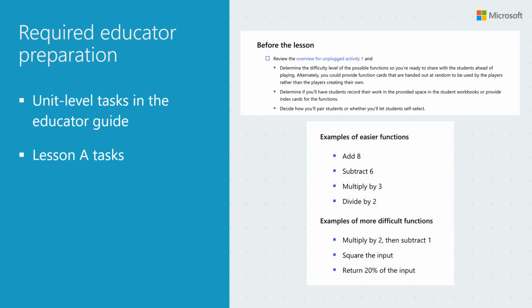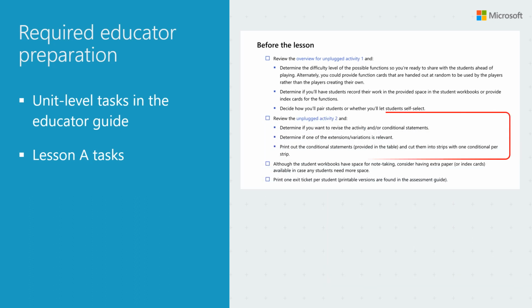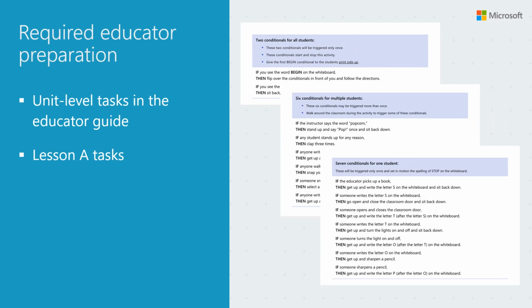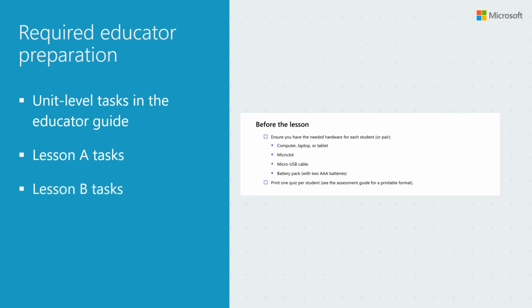In the second activity, which is called Crazy Conditionals, you're going to determine if you want to revise the activity or the provided conditional statements, and then you're going to print them out and cut them into strips so that you have one conditional statement on each strip. Again, the Lesson B prep is in the Educator guide, and then the Lesson C prep is later in the guide too, and I think both of them are pretty self-explanatory.